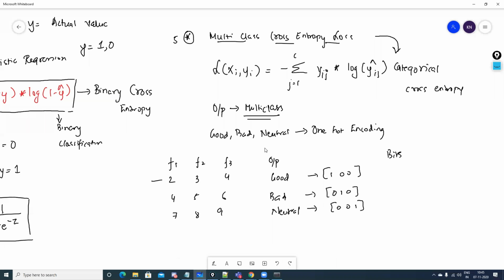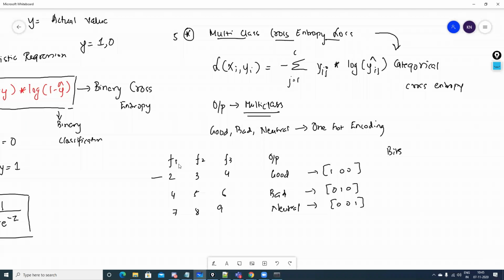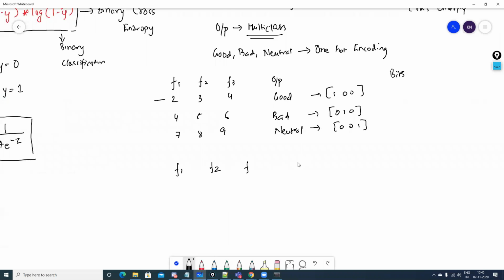So internally, you'll be able to see that. Suppose I have these features f1, f2, f3, and my output will now have y1, y2, y3. Suppose I have the values 2, 3, 4, my output is represented by 1, 0, 0. This is represented in the form of 3 bits.